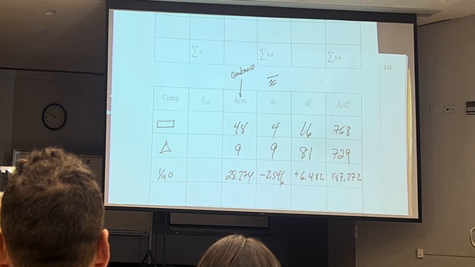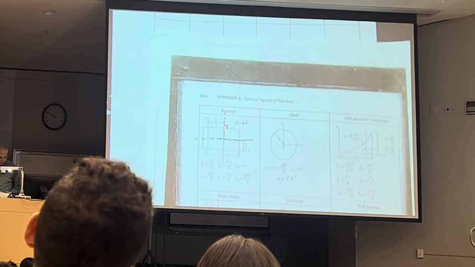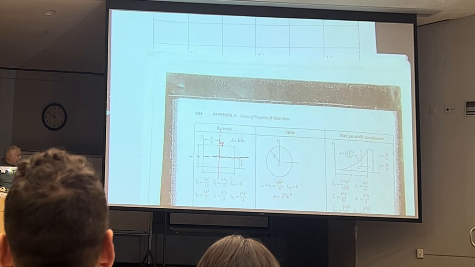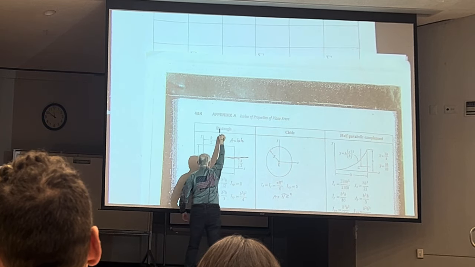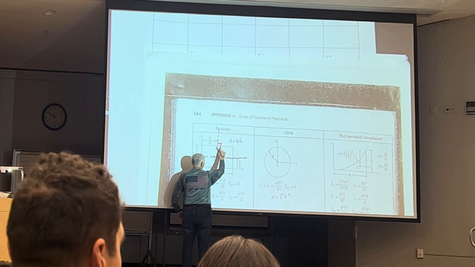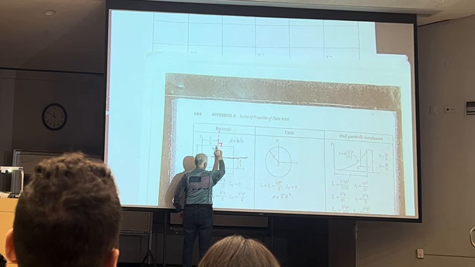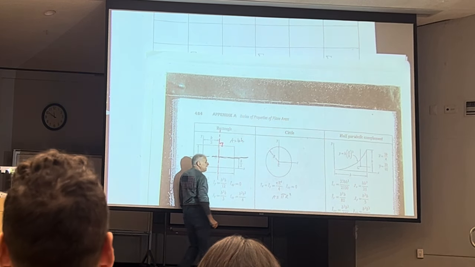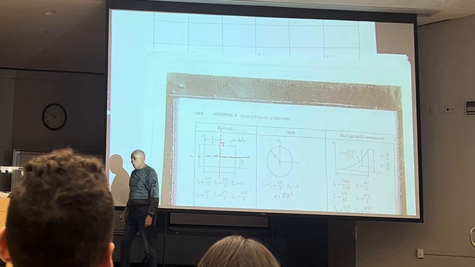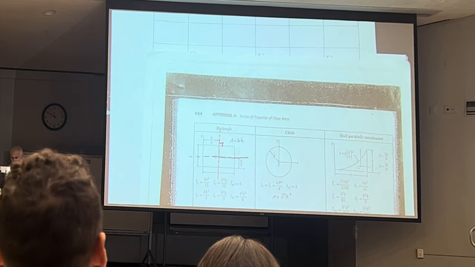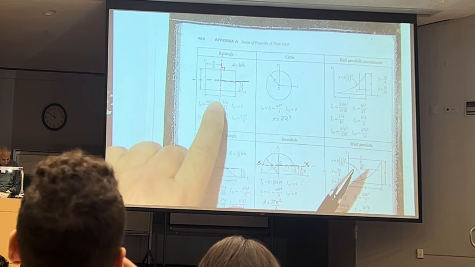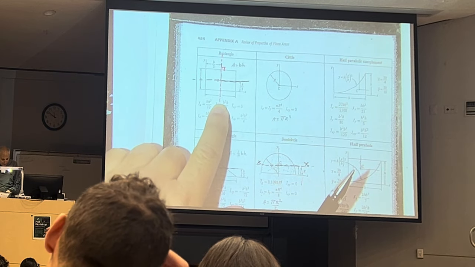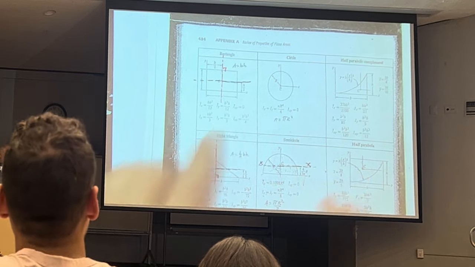Okay. ICG, but now I'm doing it about the Y. So now you look for the rectangle. Now it's the red line. I'm going through the CG. What's the perpendicular distance? It would be that, which in this case is B. So now it's going to be I bar Y, B cubed H over 12.